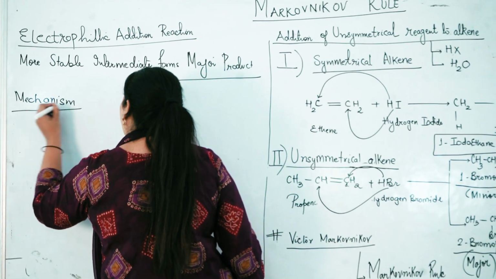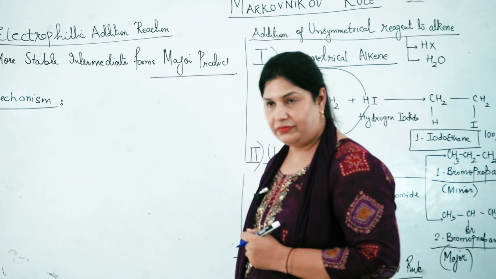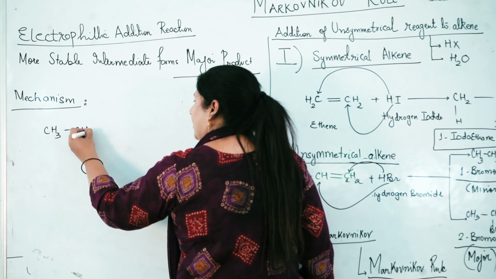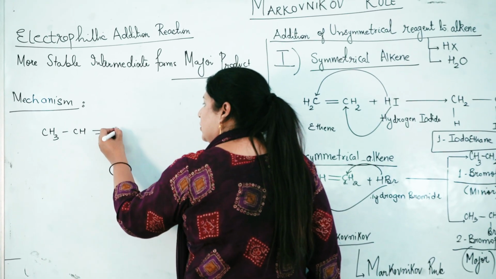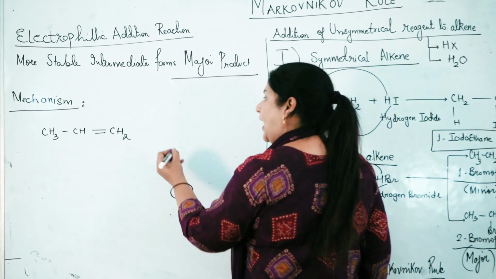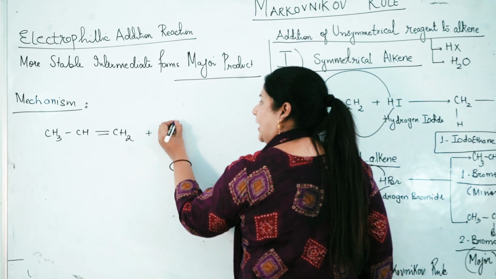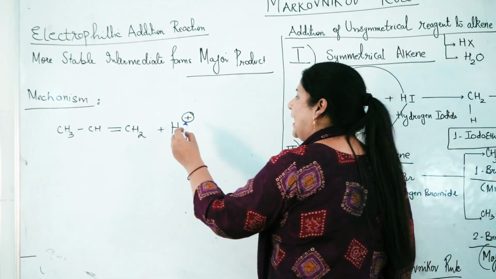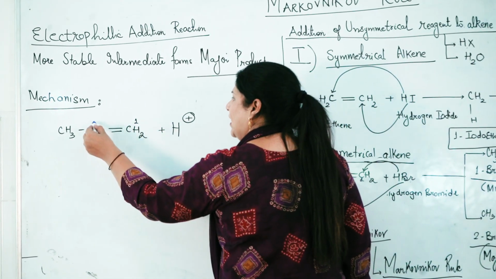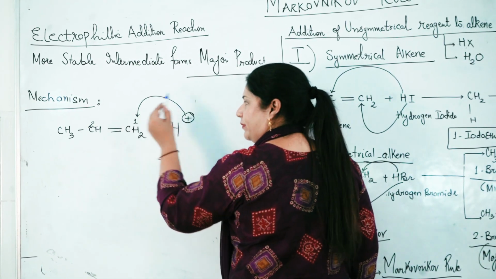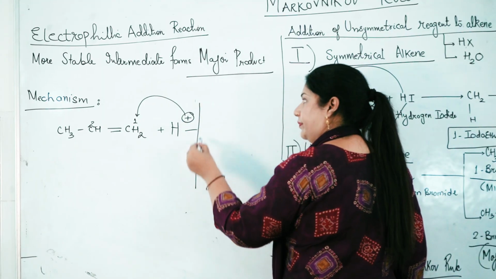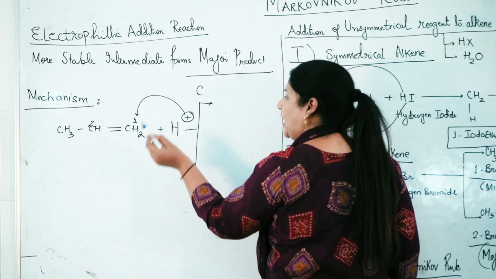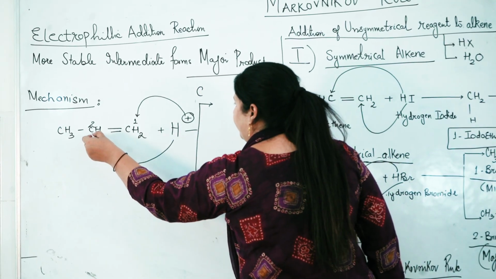It is electrophilic addition reaction, and when electrophilic addition reaction we are talking about, so again I am writing propene, and here electrophile is out of HBr, it is H plus. So, electrophile, either it will go to carbon number 1 or it will go to carbon number 2, the other carbon.